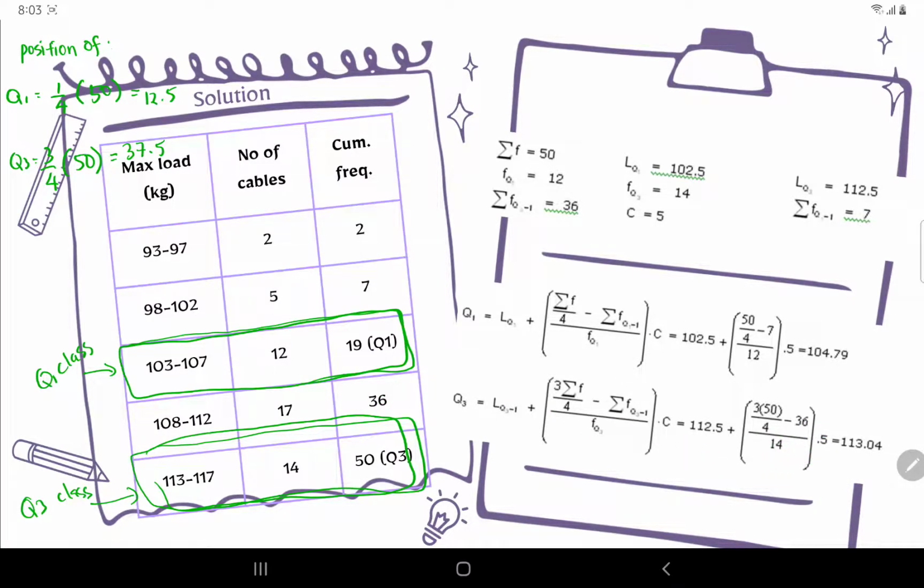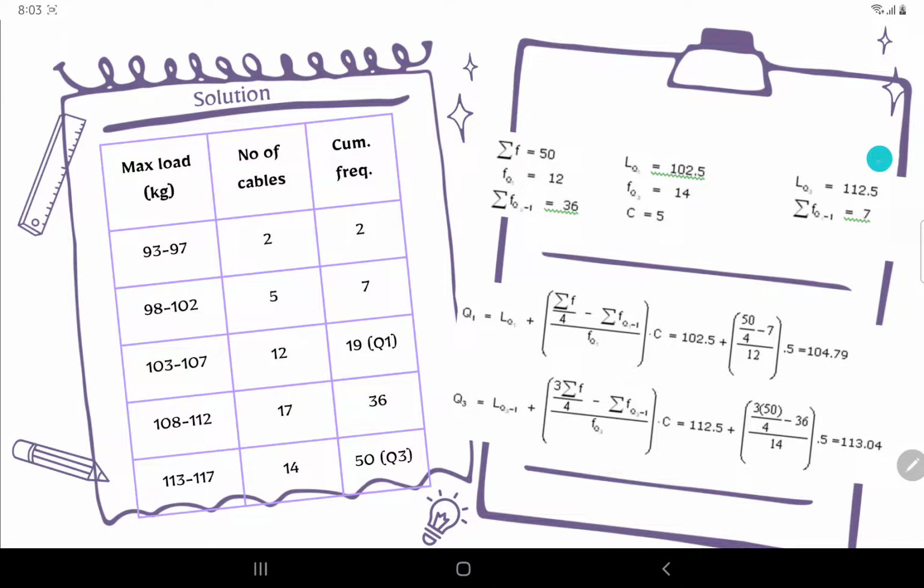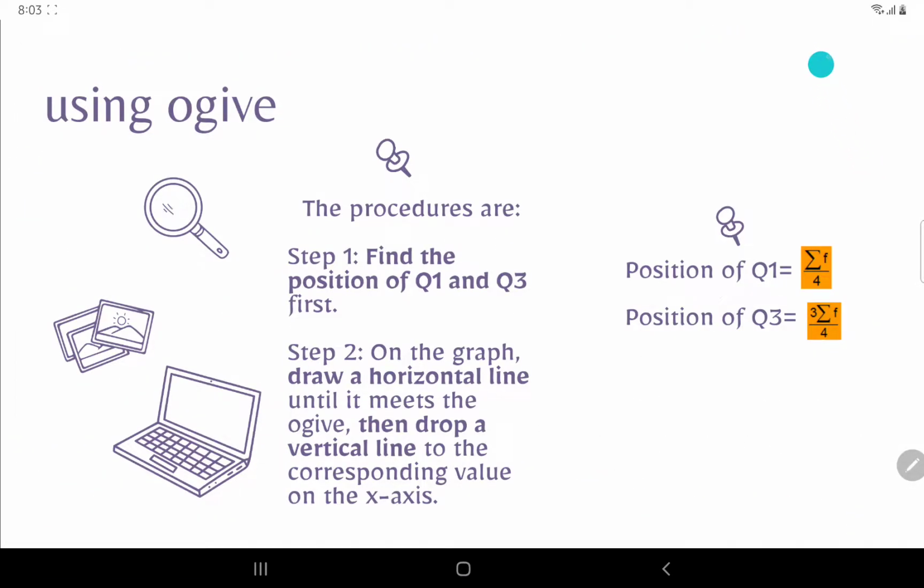Divide by 14, the frequency of the Q3 class, multiply with the size of the class. Calculate this carefully using your calculator, and we get 113.04. That's so simple. And for finding Q2, you only need to subtract Q3 and Q1.